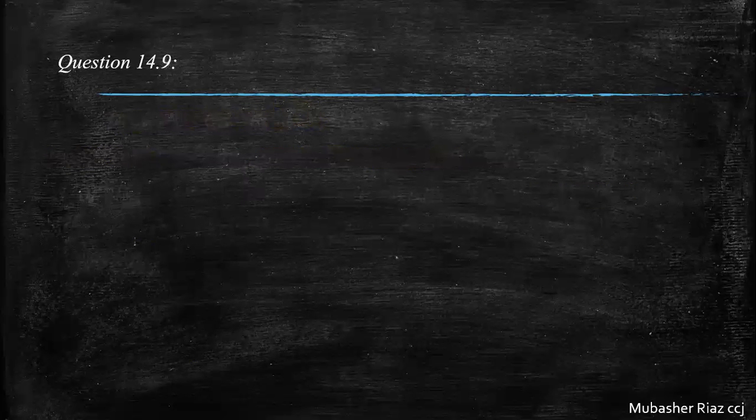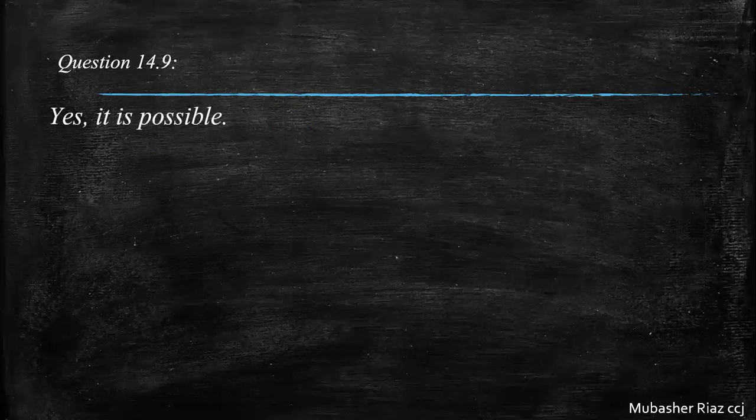Question number 9. Is it possible to orient a current carrying loop in a uniform magnetic field such that the loop will not tend to rotate? क्या ऐसा मुमकिन है कि एक करंट कैरिंग लूप को मैग्नेटिक फील्ड में रखा जाए और ये फिर भी रोटेट ना हो? So yes, it is possible.